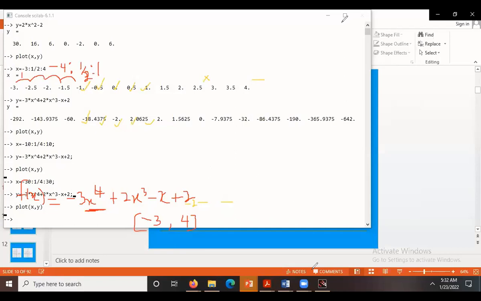Let's have the function x cubed minus 3x.